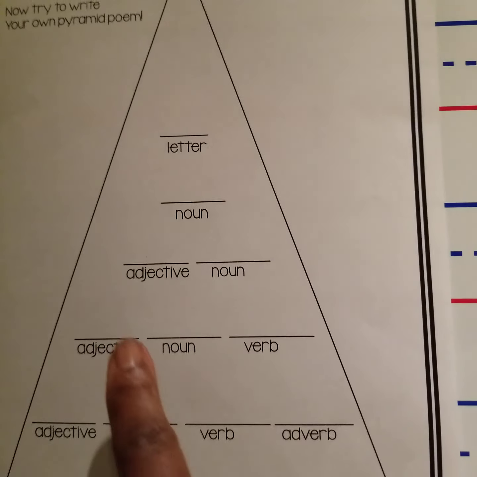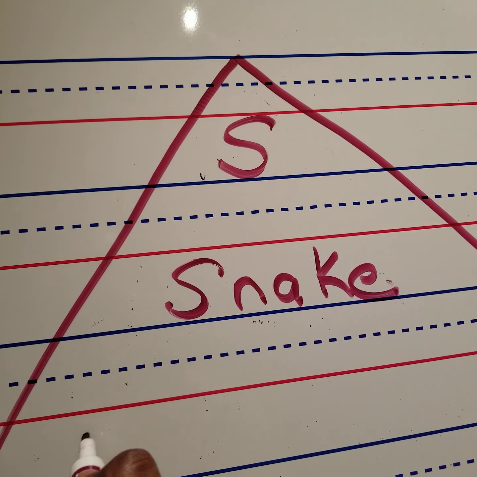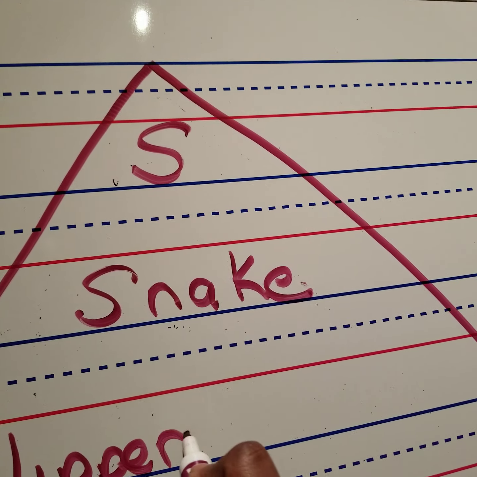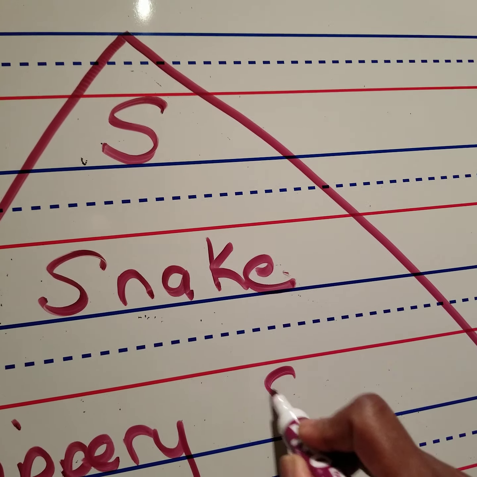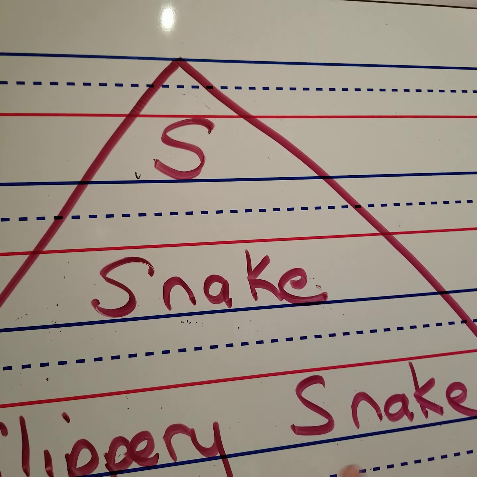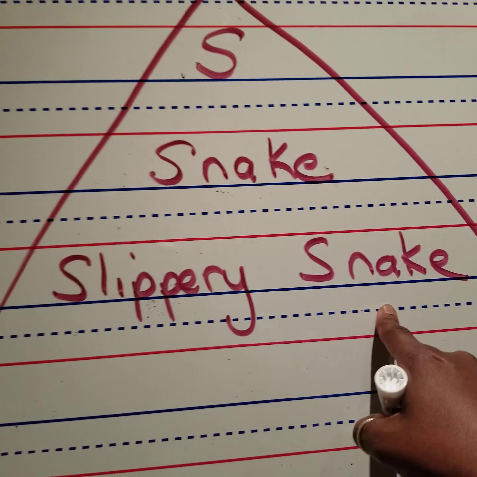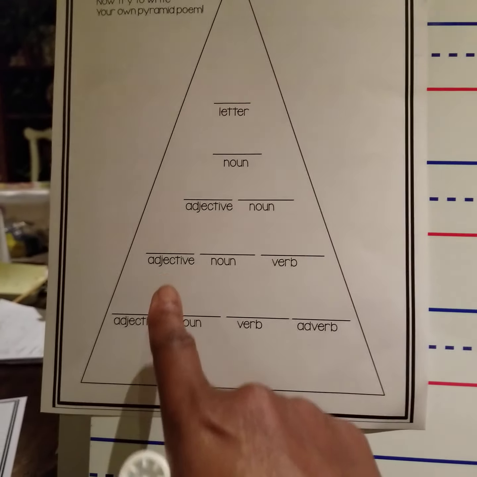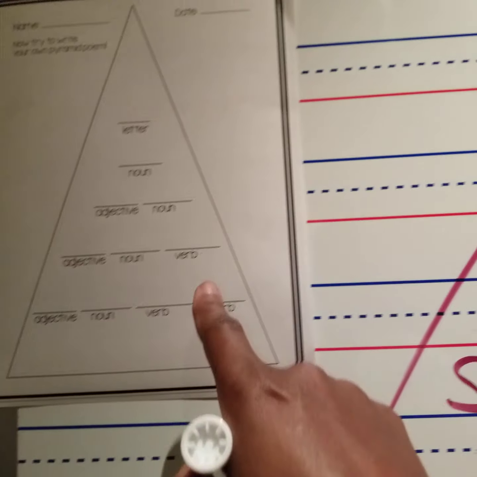If you see here, I have an adjective. So I'm going to call it a slippery snake. So I have my adjective and my noun. I'm going to back up a little bit. Adjective and noun. So now I have an adjective, a noun. I need a verb.